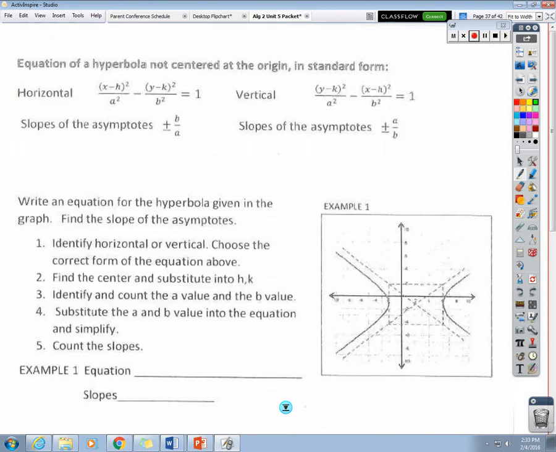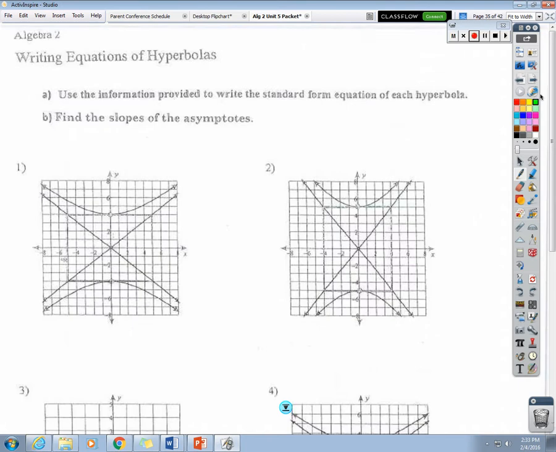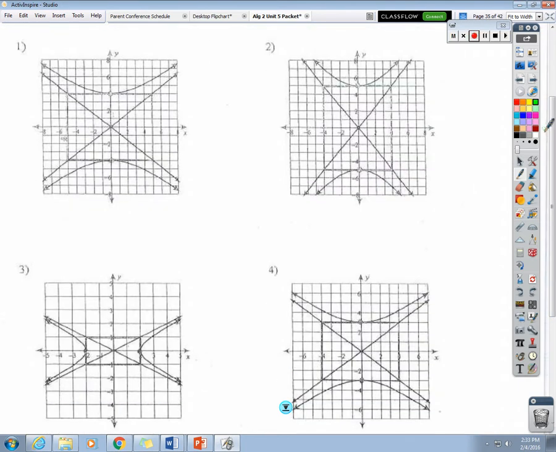Okay, so I want you to notice that the ones we just did, every single hyperbola had a center where? At the origin, at 0, 0. Okay? Because technically, the equation is x minus h squared over, for this one, this was vertical. So hold on, I don't want to confuse anybody.